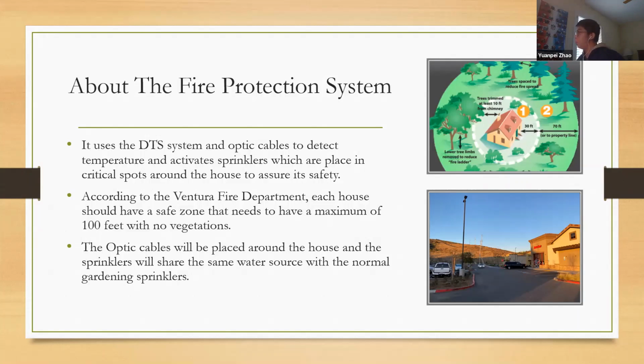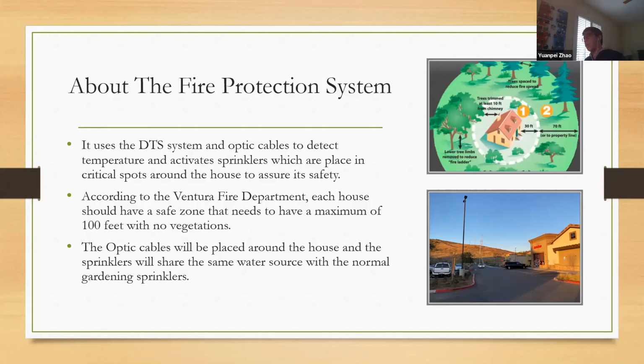Especially in Santa Rosa and even in Southern Oaks and Westlake, some houses are placed on high hills, and on the sides are wild grasses that are very dry, or they're in the wild. They're on the top, and it's not easy to evacuate.